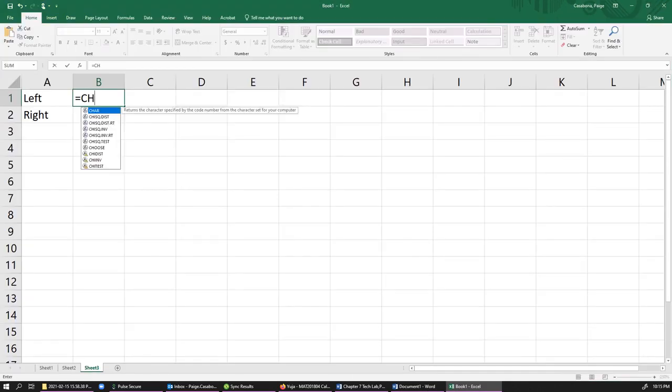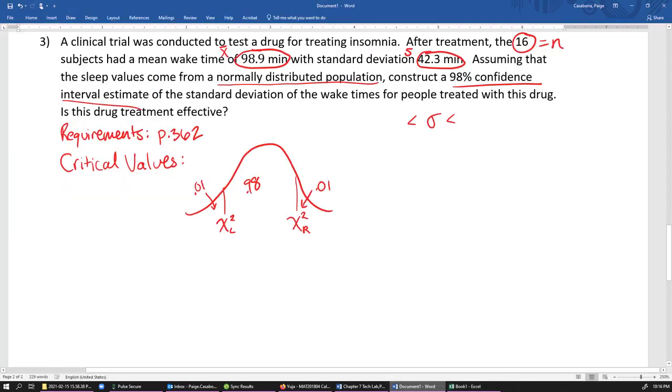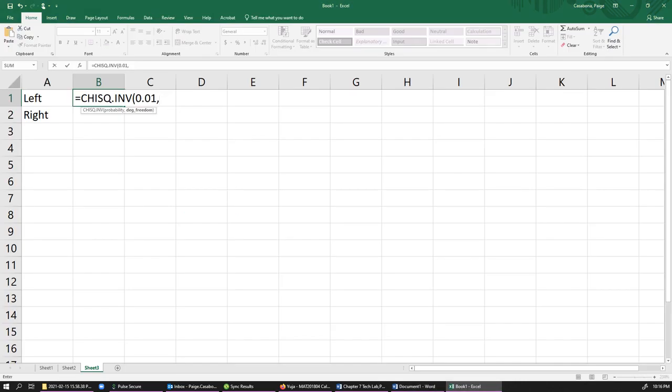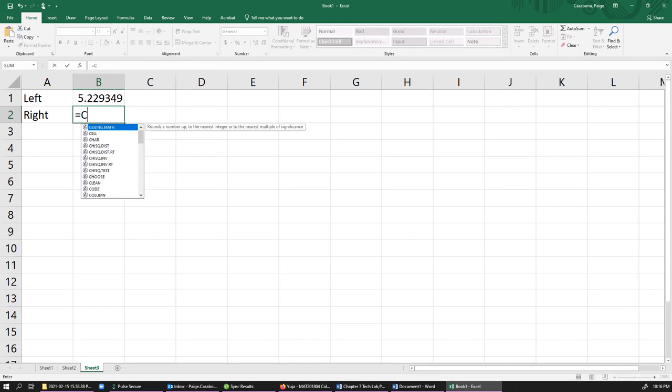Okay, so for my left value, I'm going to use the chi-square.inv function. So this is the left value. That probability value that I'm typing in here needs to be the area to the left of the critical value, which in our case is 0.01. And the degrees of freedom is, again, 1 less than n, or 1 less than the sample size. This sample had 16 people in it, so this is going to be 15.